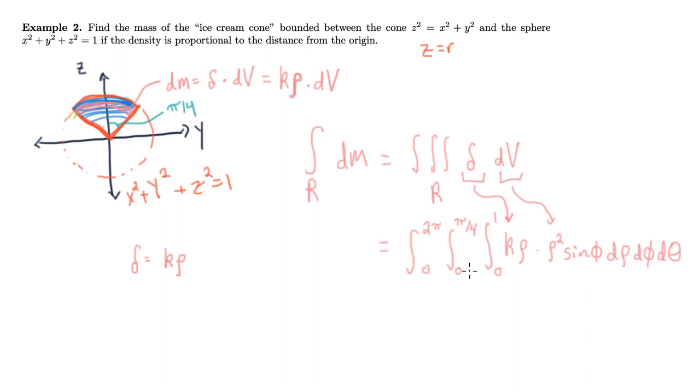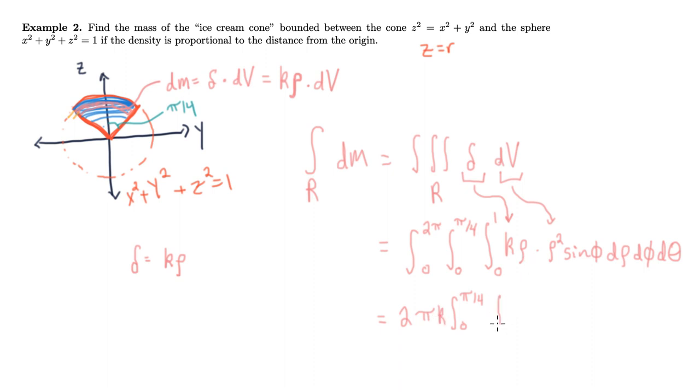Okay, so all that to say, we're just putting in this density function that's just k times rho. All right, and so we have rho cubed that we're integrating. Notice that for theta, we're just going to get a factor of 2 pi. There's nothing in here that depends on theta, so this is just a rectangle in the theta coordinate. So then we have 0 to pi over 4. And then we can also factor out this proportionality constant.